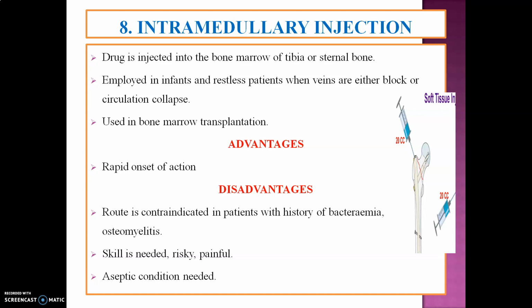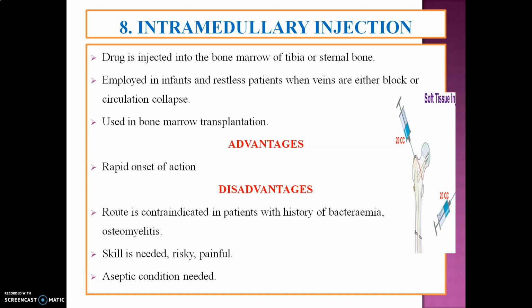The bone marrow is present in your tibia or sternal bone, so drugs injected into the bone marrow are called intramedullary injections. These are normally employed in infants or restless patients whenever there is unavailability of veins, or the veins are blocked or circulatory collapse is there. Only then do you go for intramedullary injection.